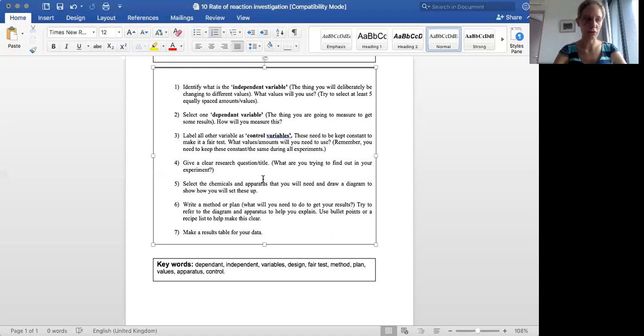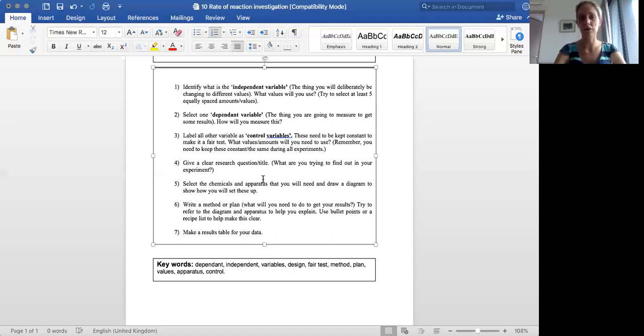Some of you might find that you're measuring something like mass. So let's say you were looking at how temperature affects the mass of something dissolving. You could be measuring mass as your dependent variable, but I don't suggest that, mostly because you'll be using a lot of salt or sugar, whichever you chose to use, and that might be inconvenient for your parents. Okay, guys? So you need to work out the thing you're going to measure.